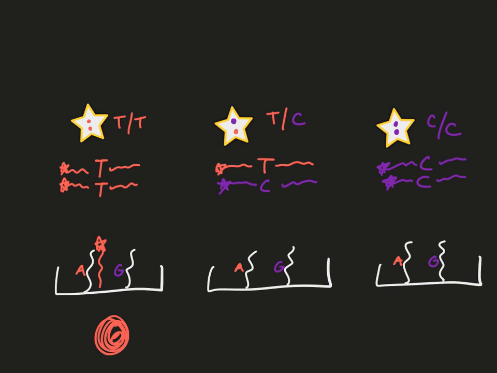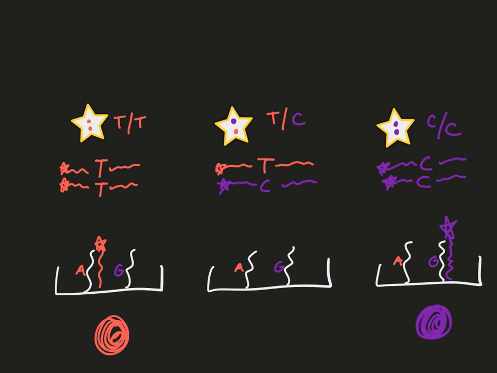Similarly, the same thing will happen with the individual that is homozygous for the C allele. I extract the DNA, I wash it over the SNP chip, and it binds to the probe that has the appropriate corresponding allele, and I look under the microscope and I see a giant purple dot.